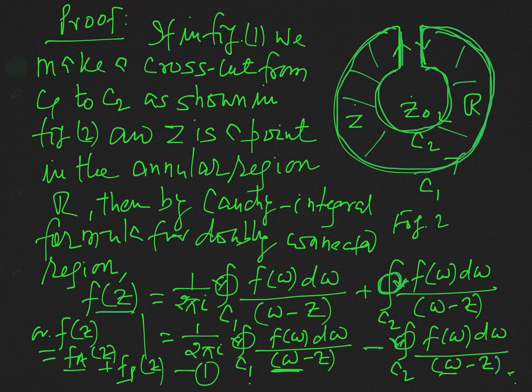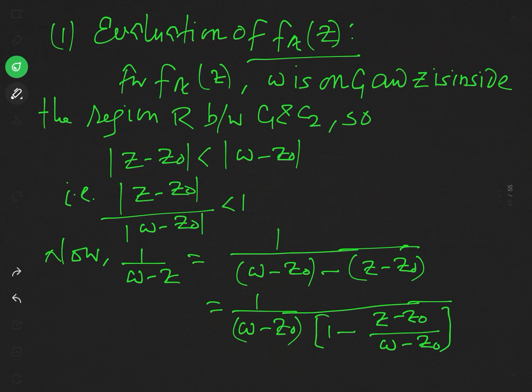So this Laurent series will have two parts: the first is f_A of z, and the second is f_P of z.